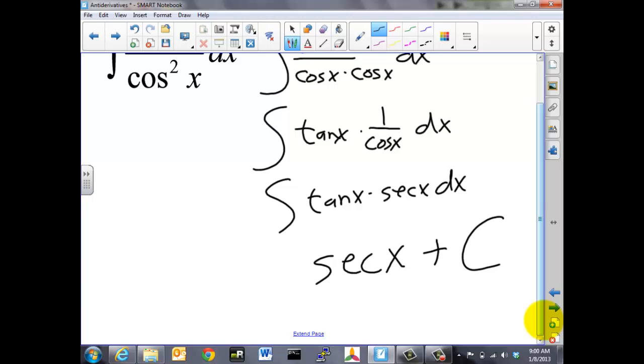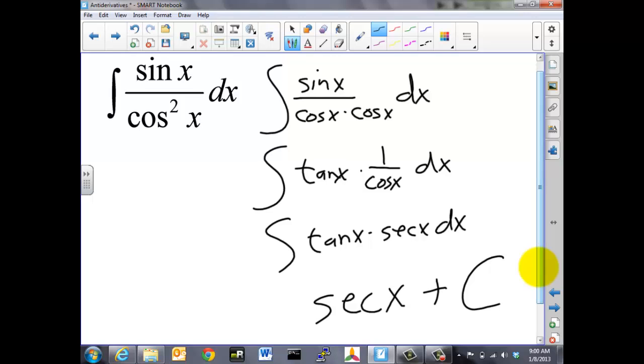See, you've got to be able to use your trig identities and pull that stuff out of the back of your mind that you thought you'd never need again. Okay? That's an interesting problem. You need to be sure you can handle that.